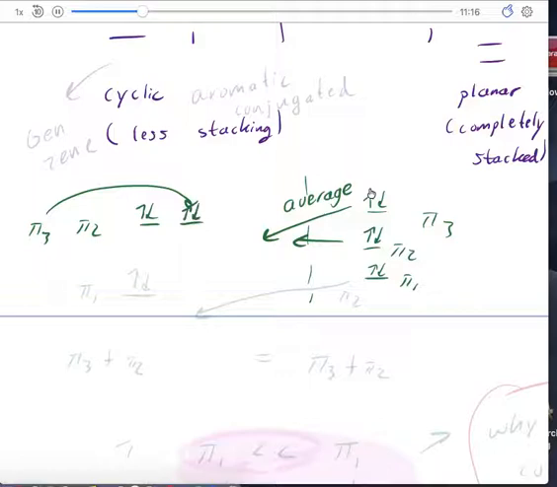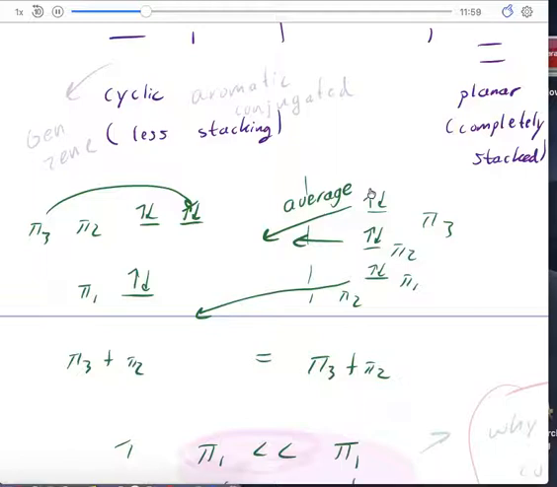So the pi 3 plus pi 2 over here equals the energies of the pi 3 plus pi 2 over there. They've got the same number of nodal planes combined. Yeah, that's right. But pi 1, when we put it into an aromatic cyclic compound, actually drops way down in energy. The pi 1 of the cyclic, I'm not sure how much less, but it's a good deal less.